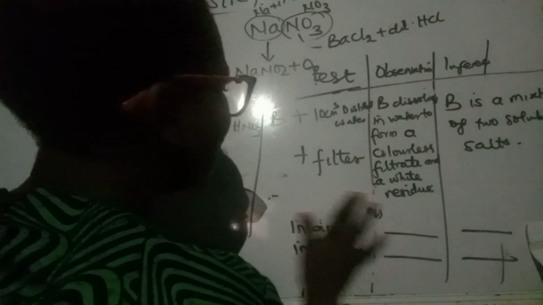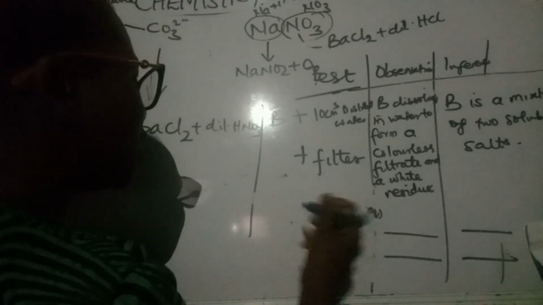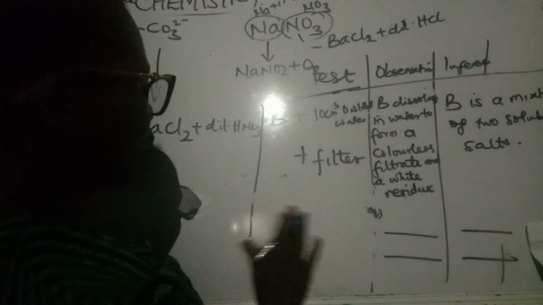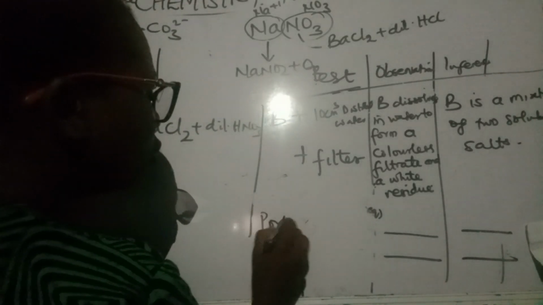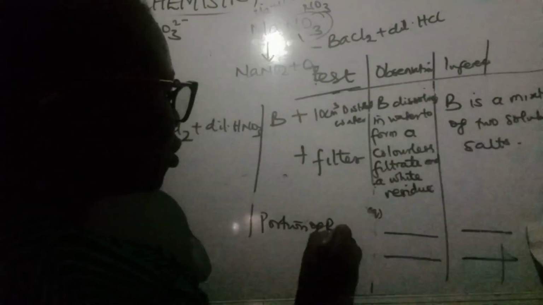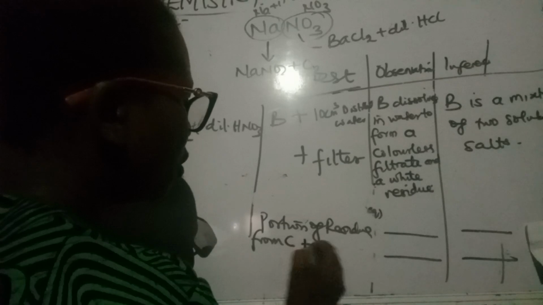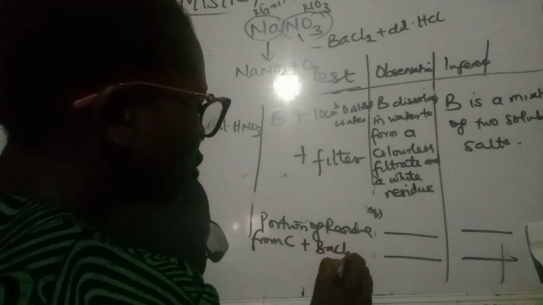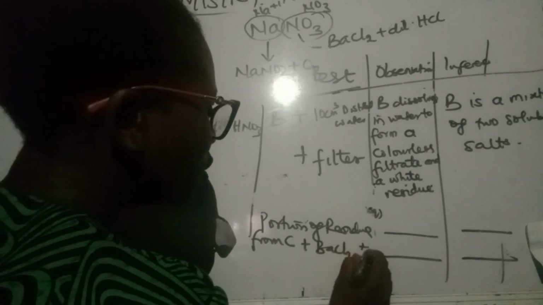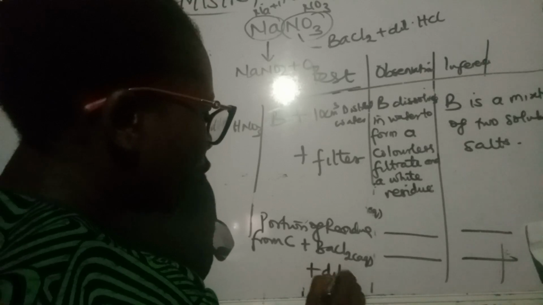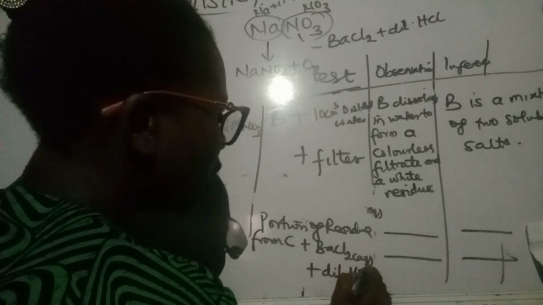So let me pretend as if I'm working on the residue now. So to a portion of the residue, plus barium chloride, you can see aq at the front, plus dilute HCl or HNO3.